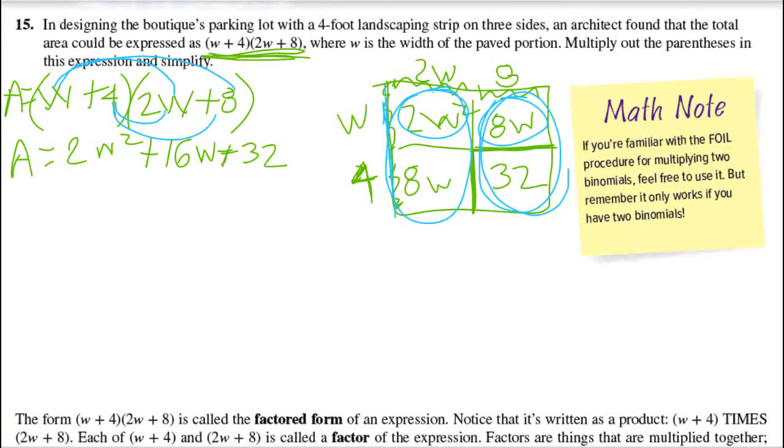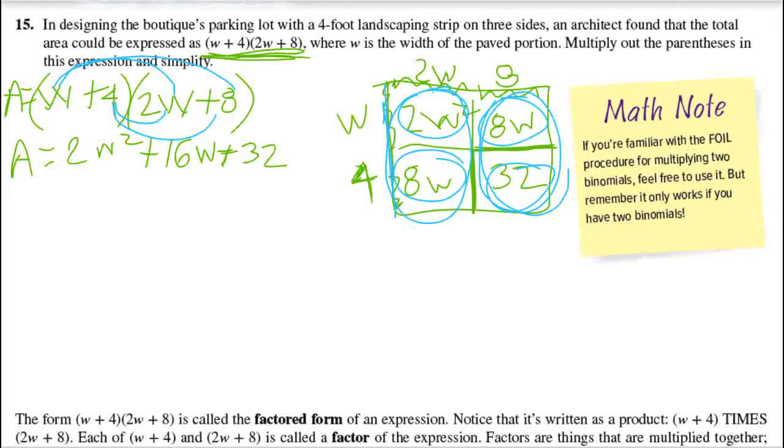So 8 times W plus 4, which is what I did here. So we can do 4 times 2W, give me 8W, 4 times 8, which is 32.